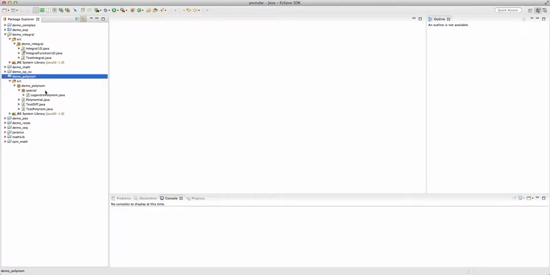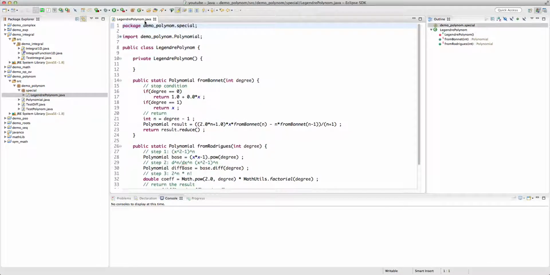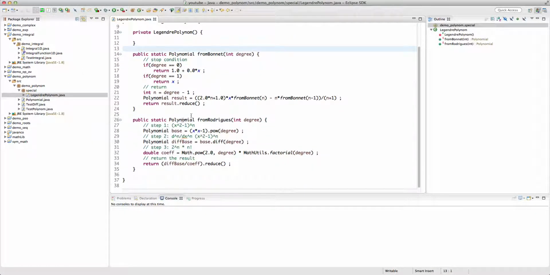So in our demo polynomial package, we already have this Legendre polynomial that has two methods, from Bonnet and from Rodriguez.